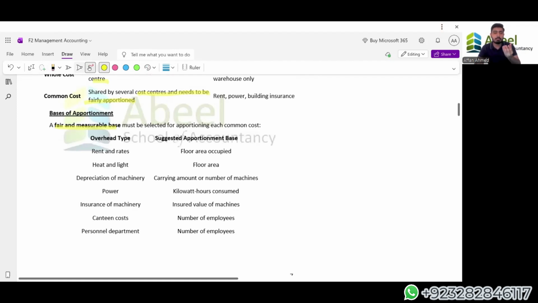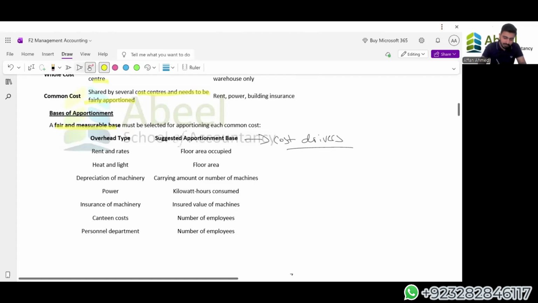A 300 square feet house is going to have a different rent, and a 500 square feet house will have a different rent. So with floor space, my rent will vary, right? These are known as cost drivers as well. These are the reasons due to which costs are incurred or increase or decrease.